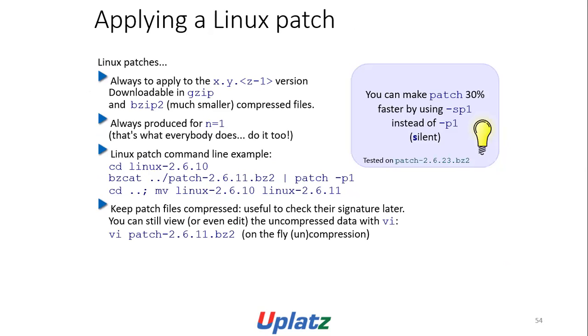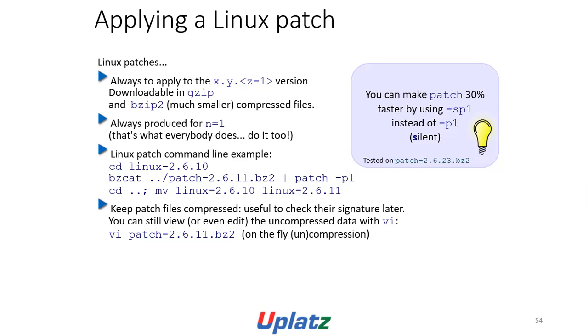Linux patches always apply to the x.y.z-1 version. They are downloadable in gzip and bzip2 formats, much smaller compressed files, always produced for any release. That is what everybody does, so do it too. Linux patch command line example: cd linux-2.6.10, bzcat patch-2.6.11.bz2 | patch -p1, cd .., mv linux-2.6.10 linux-2.6.11. Keep the patch file compressed; this is useful to check its signature later.